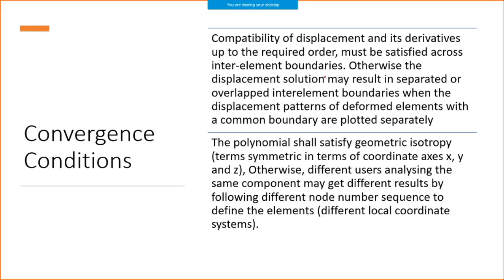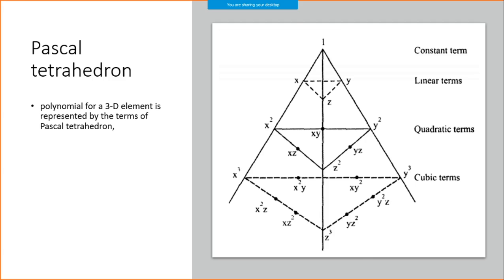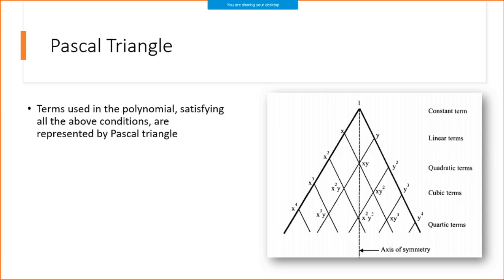So next is compatibility, which we already discussed, and it should satisfy geometric isotropy. Then it should be symmetric in all x, y, z coordinates. That is what is expected from the equation. When we are selecting the terms for any 2D or 1D element, in a 1D element we can have only x terms: my shape function u is a function of only x.